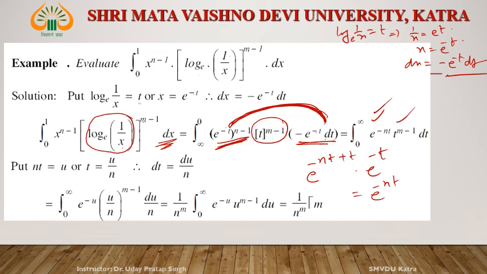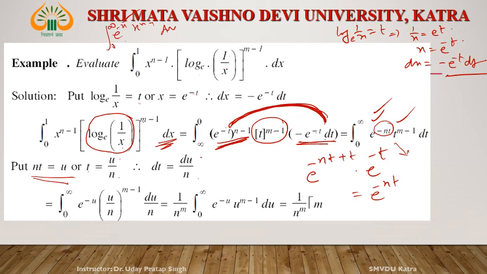Okay, again see, this power is e to the power minus nt, and in the gamma function definition it is integral 0 to infinity e to the power minus x, x to the power n minus 1 dx. So apply the transformation. Let nt be equal to u, then t is equal to u by n, and dt is equal to du by n.